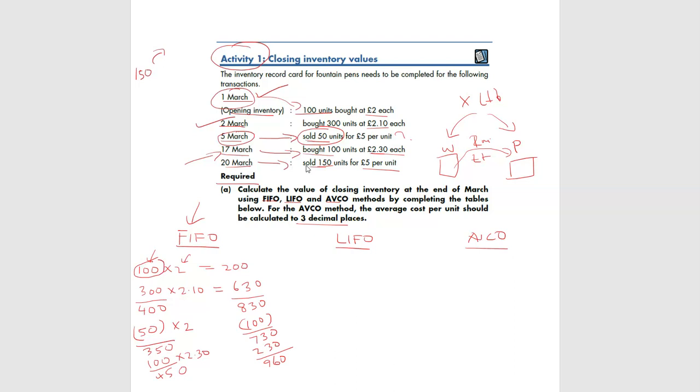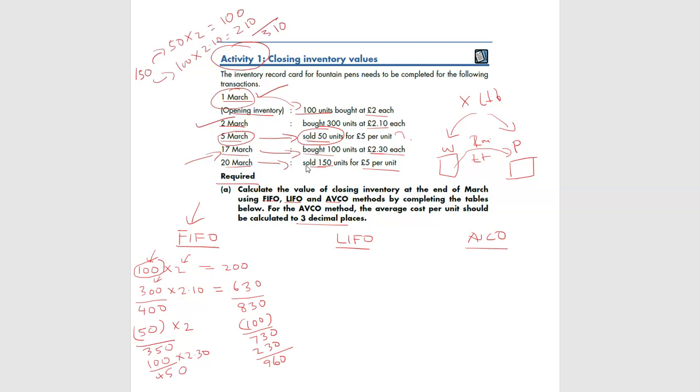I'm going to take 50 from there at a rate of £2, and another 100 I'm going to take from the 300, the next one, at the price of £2.10, which gives me 210. My total FIFO issue value will be 310.